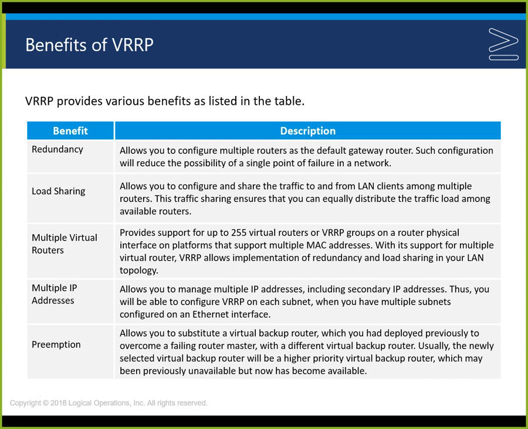It provides the following list of advantages. It allows us to configure multiple routers as a default gateway router. Such a configuration will reduce the possibility of a single point of failure. Multiple routers, single IP.